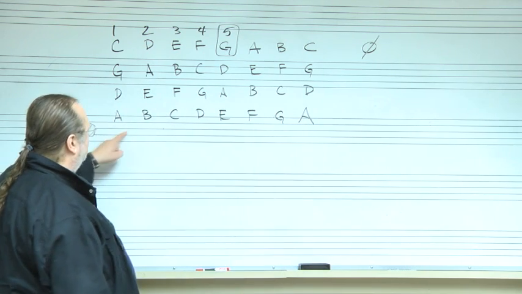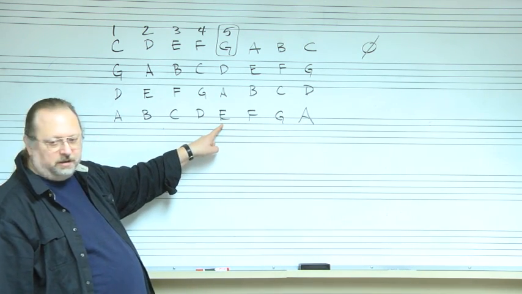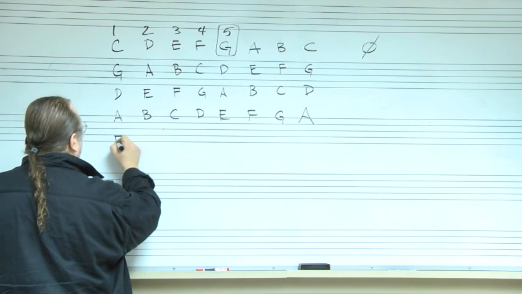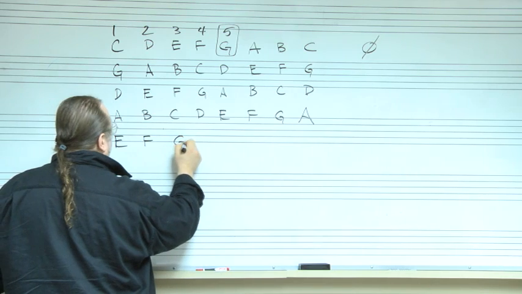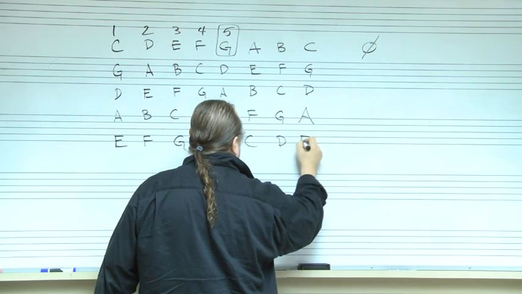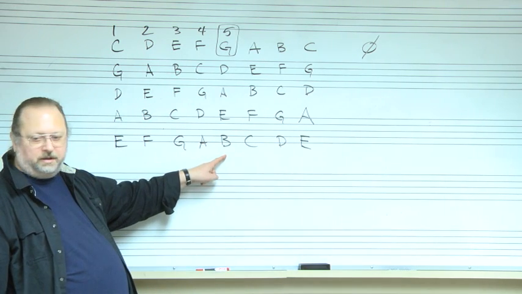What's the next key? 1, 2, 3, 4, 5. What's the next key, Gerald? E. Okay, next key. 1, 2, 3, 4, 5.